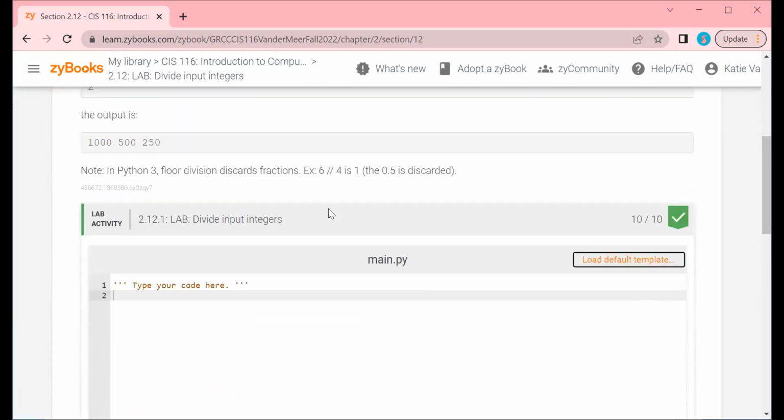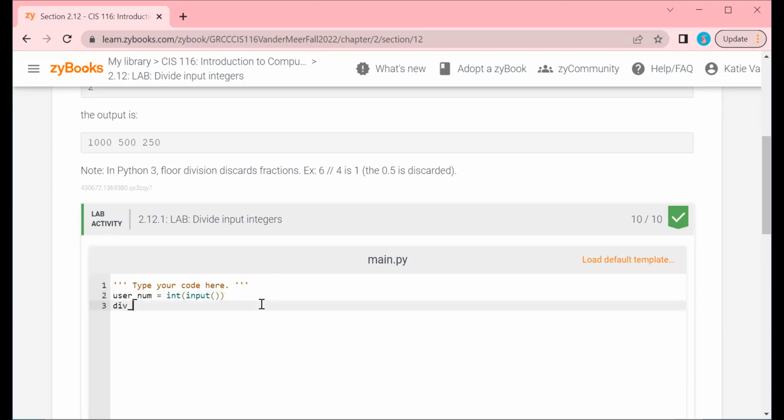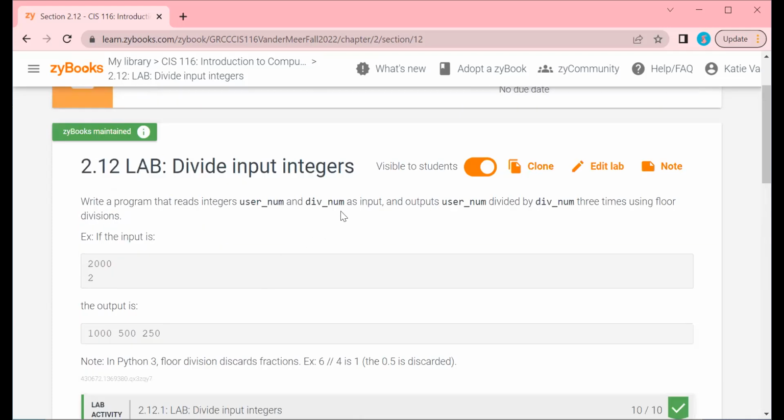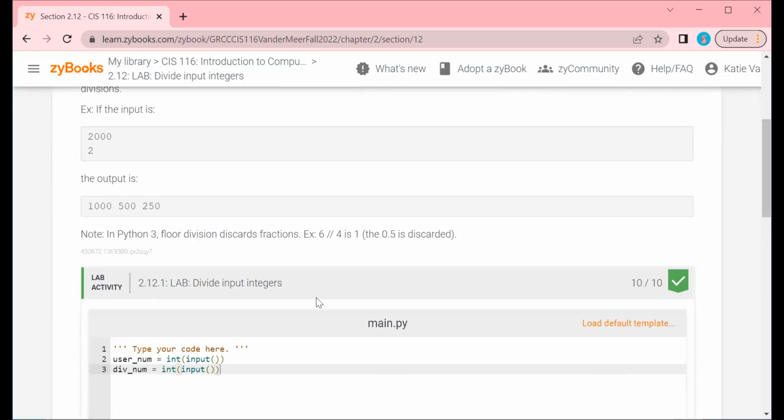I'm going to type in there user_num equals int(input()), and then div_num equals int(input()). And I know I'm working with numbers, so I take them as an integer. It even says it reads integers as input. So I have ints and I have input.